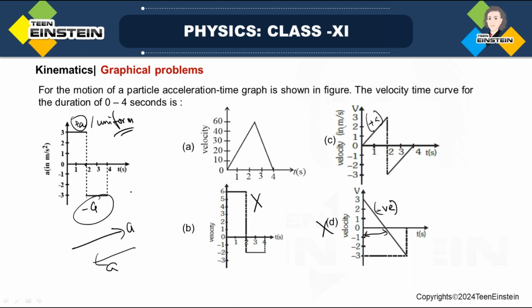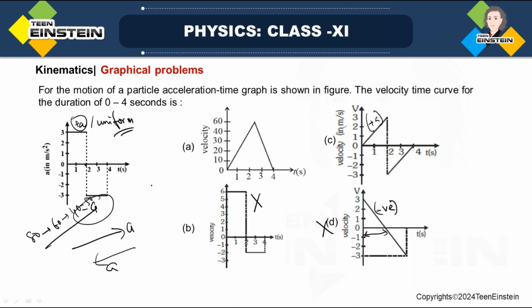So for that case you apply a constant retardation. In that case what will happen, the velocity will be decreasing. If it had some velocity, 80 km/h, due to this deceleration it will slowly decrease to 0.